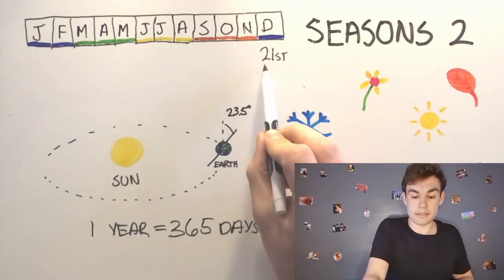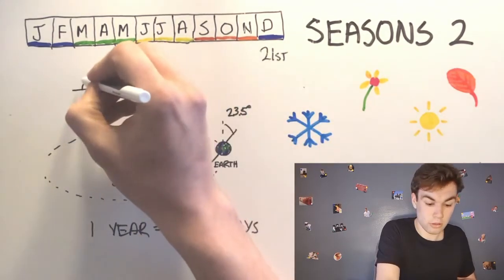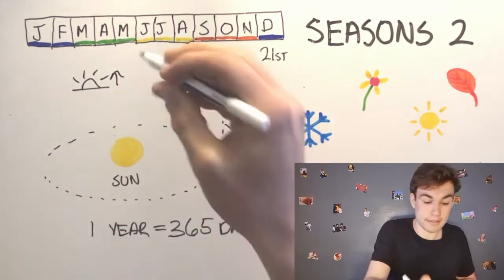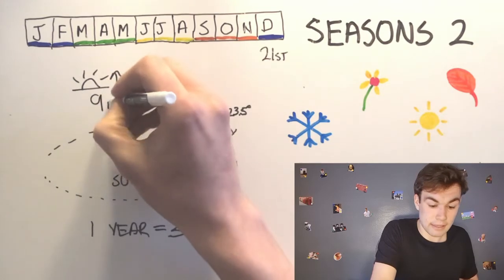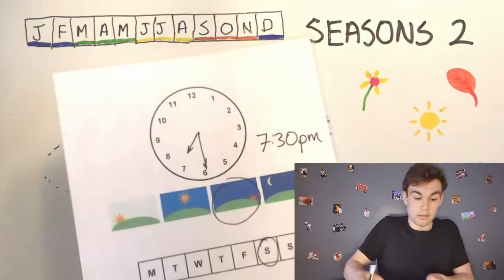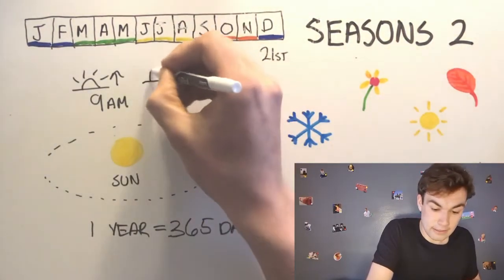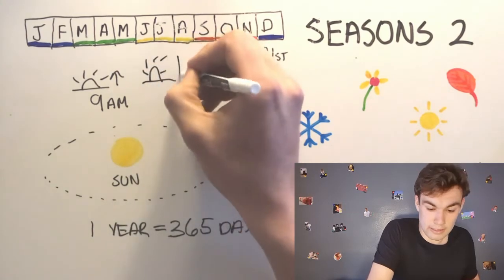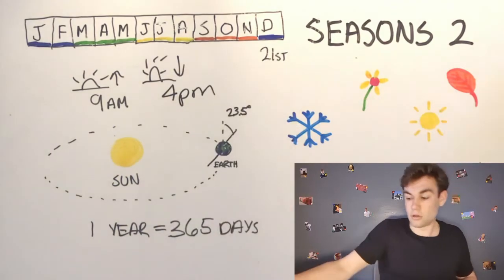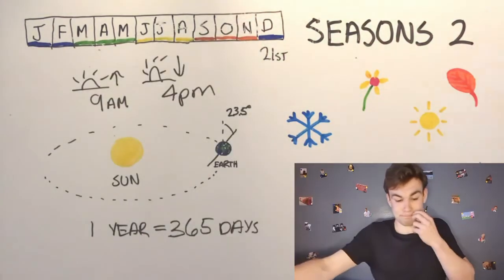On the 21st of December, the Sun rises at 9 in the morning, and sets at 4 in the afternoon.